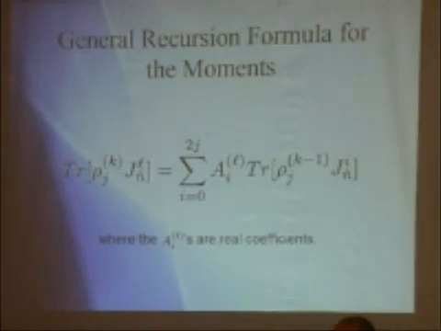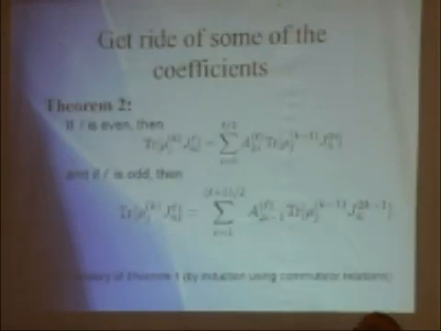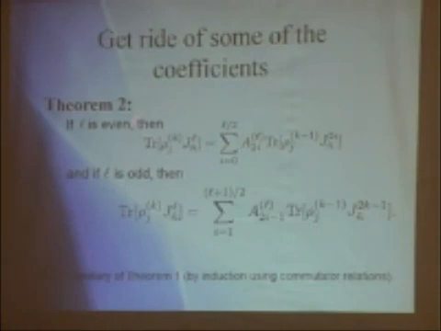Now, one point is that theorem one, the first theorem that I proved in the first part of the talk, basically nearly automatically implies that many of those coefficients are going to vanish. Suppose that we take L as even.